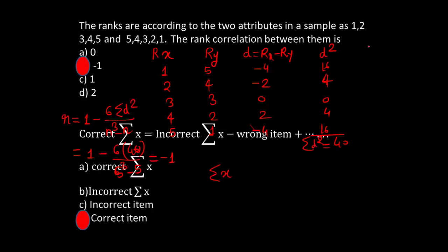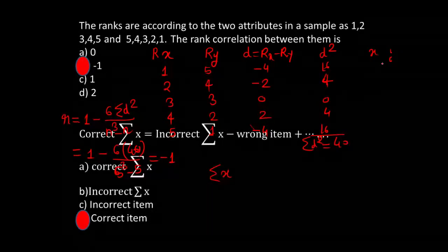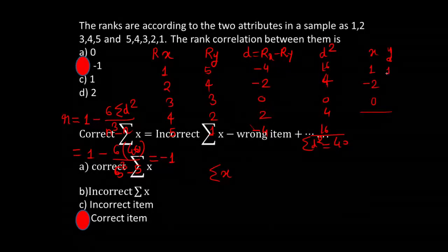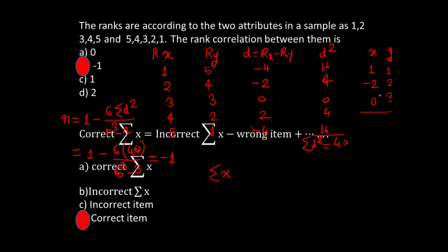Say I have values for x and y, and by mistake I write a wrong value: 1, minus 2, 0, like this, and here it is 1, 2, 3, and by mistake instead of this 0, I write 2. So definitely this sum will come out wrong.